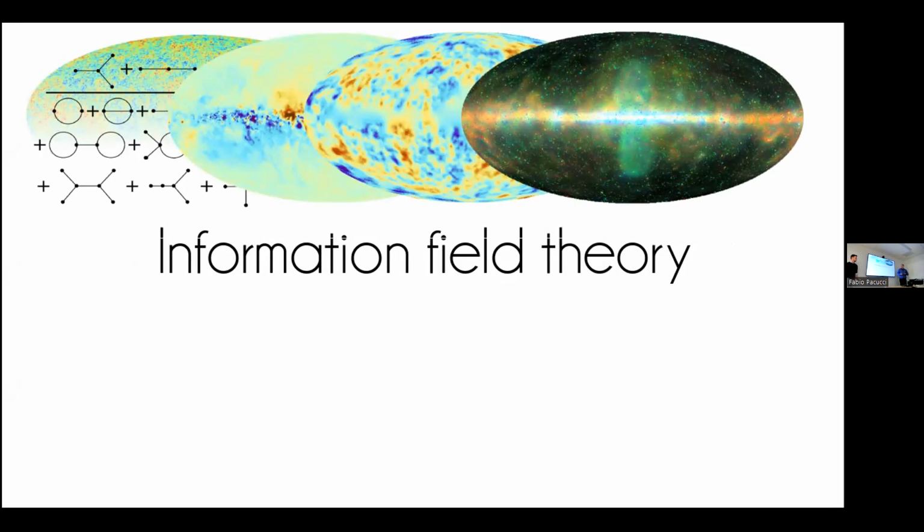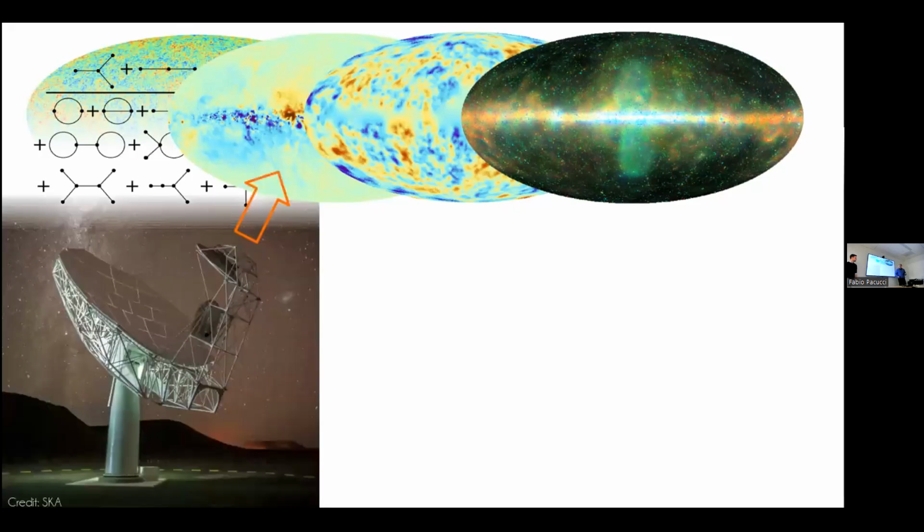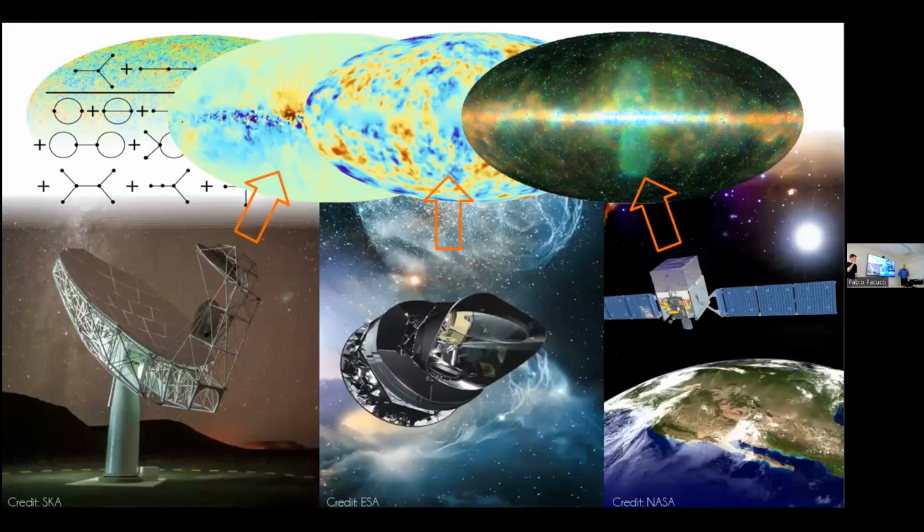And one can use techniques like Feynman diagrams in order to derive estimators for field properties, like here an estimator for the non-Gaussianity because we might have background. But more importantly, one can apply this to real data. So here to radio, CMB, or gamma ray data, as I will show in my talk, and Philip as well.